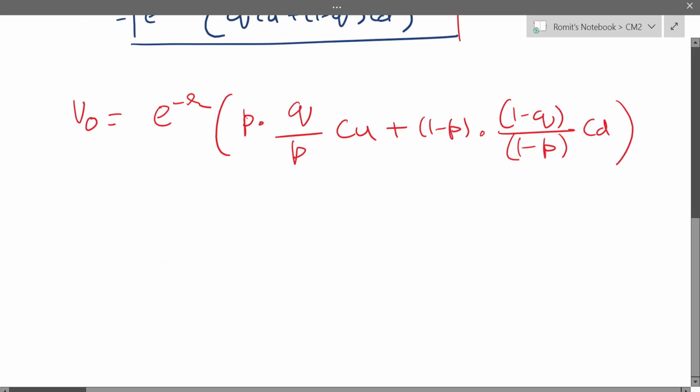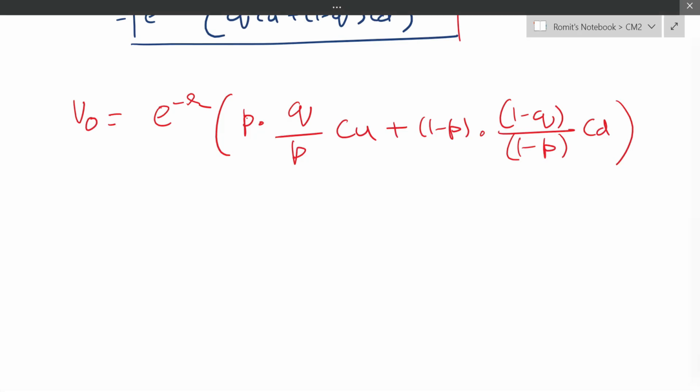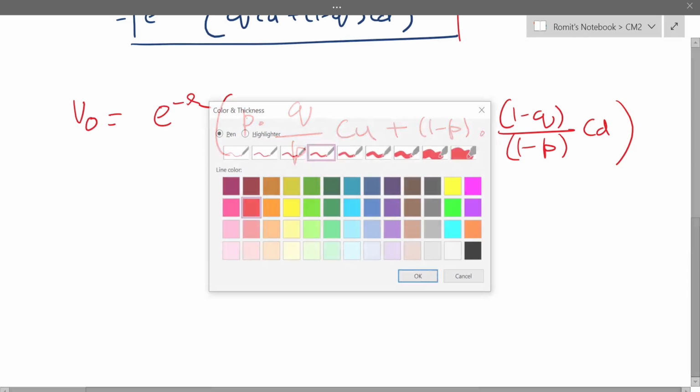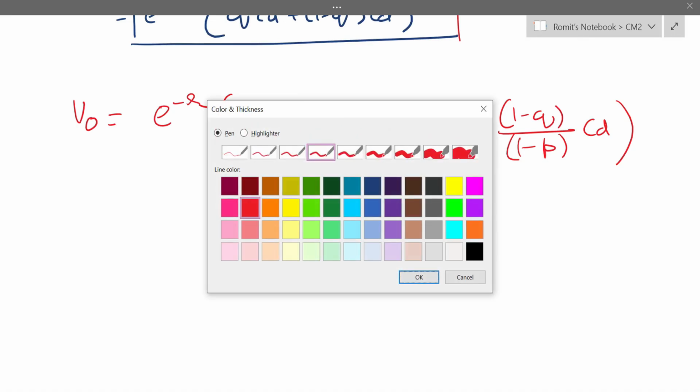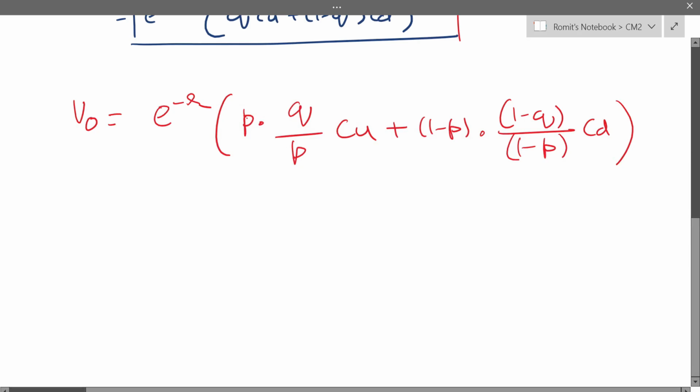Now let me give you the idea of state price deflator. State price deflator is basically a contingent sort of deflator. We call it deflator because it's a discounting factor, and it depends on the state, basically whether the price has gone up or down.